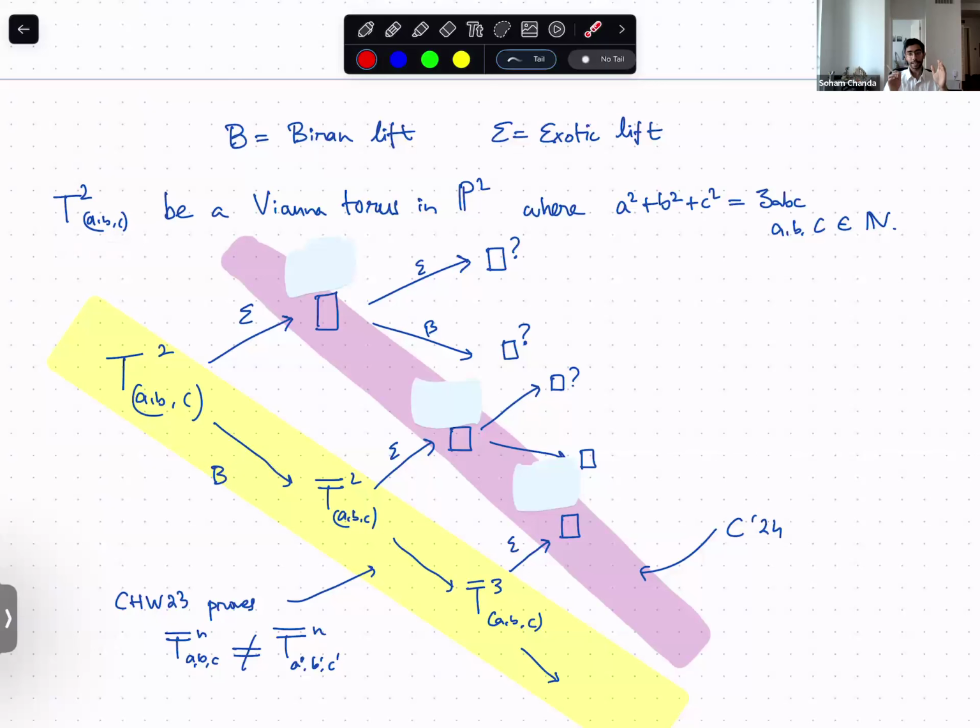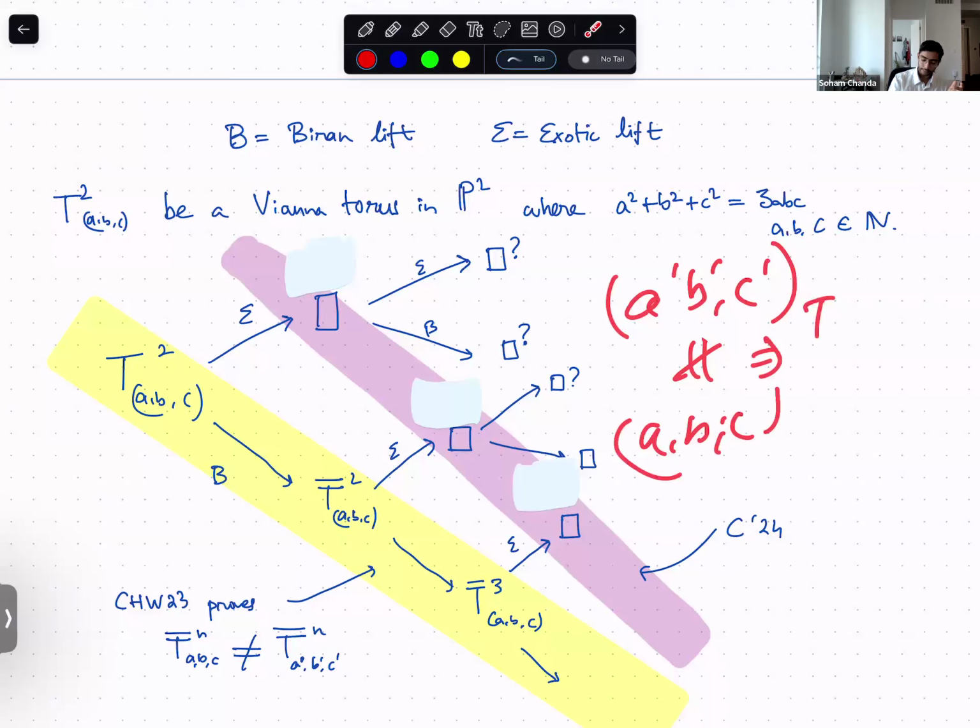And Vianna showed that if A', B', C' is not equal to ABC, that would imply that T^2_ABC is not equal to T^2_A'B'C', where by equality I mean that there is no symplectomorphism of P2 which takes one Vianna torus to the other.